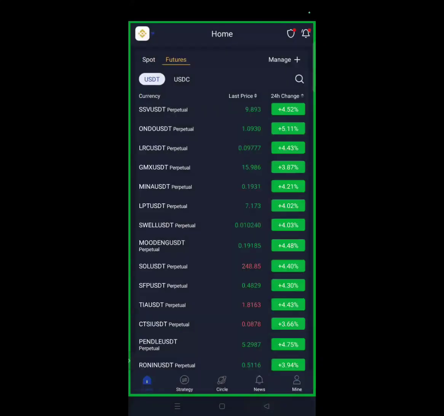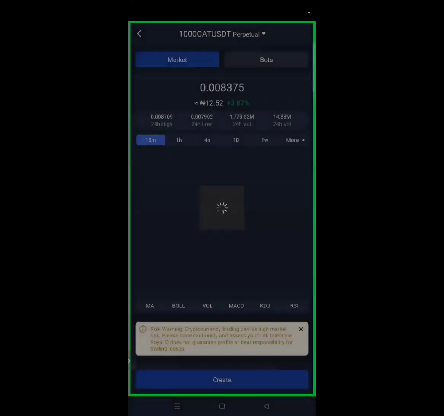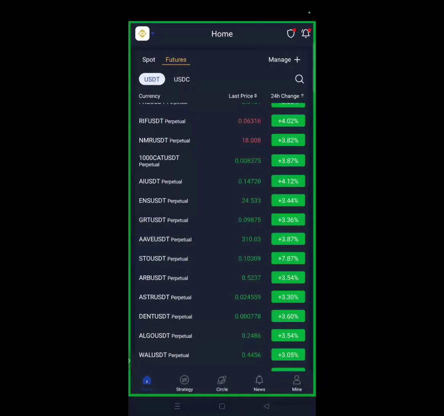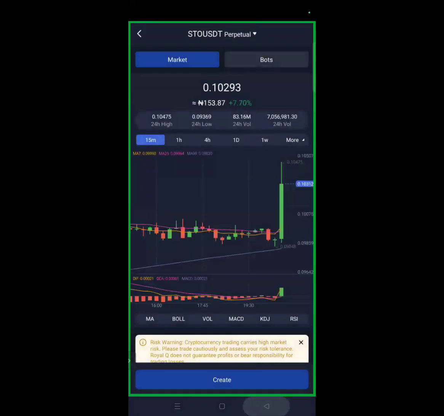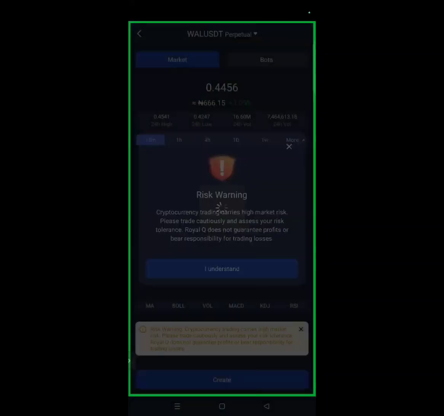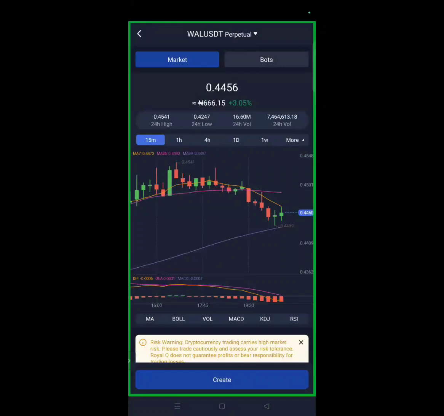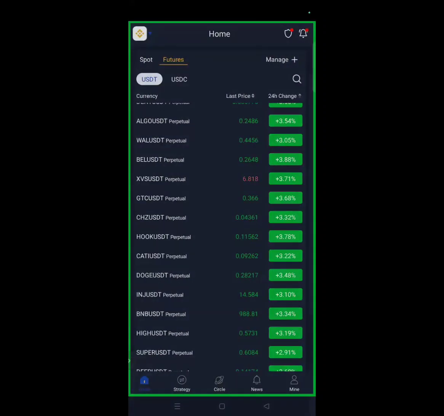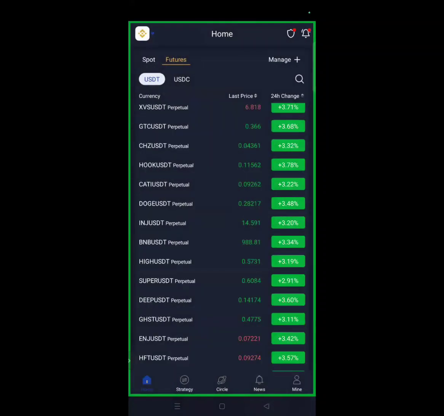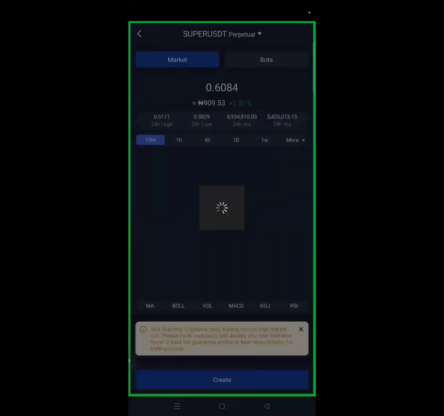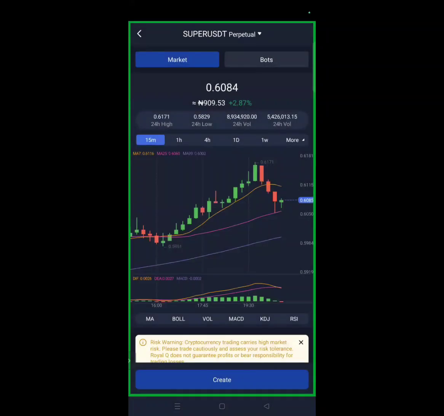Because sometimes the coin will do as if it wants to kiss, and before you know, it will start going against you. If you have small capital and you now enter that kind of coin, you know that you will be liquidated. So that's why we are saying always, even if it wants to kiss, it wants to cross, set it with MACD, so that if it does not cross, MACD will not start that trade for you.